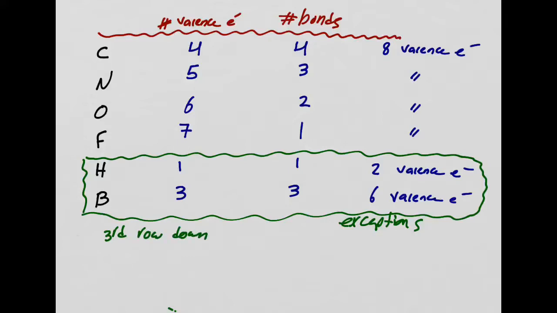If you're in the 3rd row down, you can have expanded octet. And I'll tell you what that is. But if you're on a 2nd row, you cannot have it. It has to be 3rd row or below to have that.